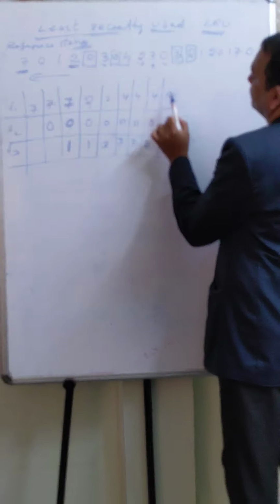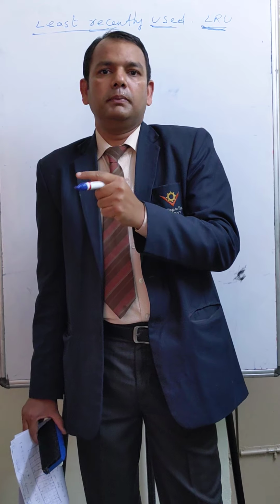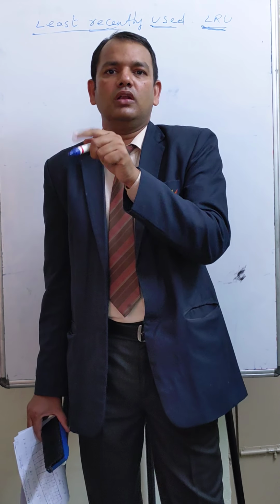Least recently used using counter: we'll put one counter in the CPU. Whenever the CPU refers to a particular page in the page table, the counter's current data is copied into the page table. The page table maintains one small column.